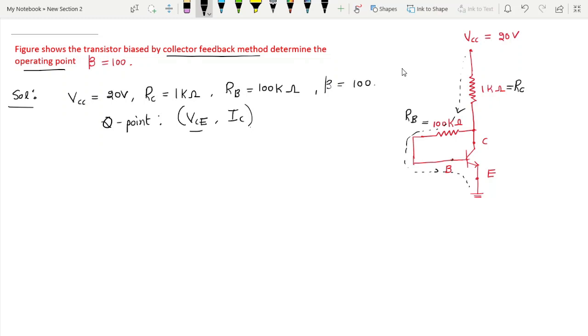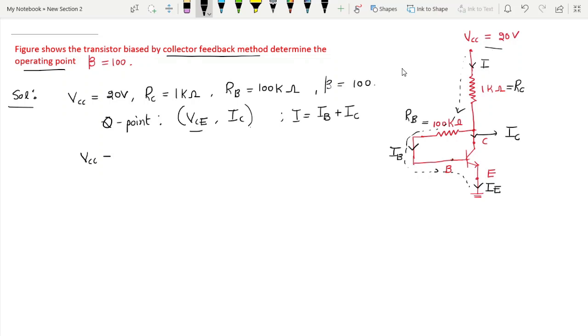I can directly apply the loop equation here. From this we have the drop: VCC minus the drop across this point. This is the current flow in the branch, and this is the total current coming out. This is not the collector current, this is the current I. This point is the collector current. So this current I can be written as the combination of base current plus collector current.